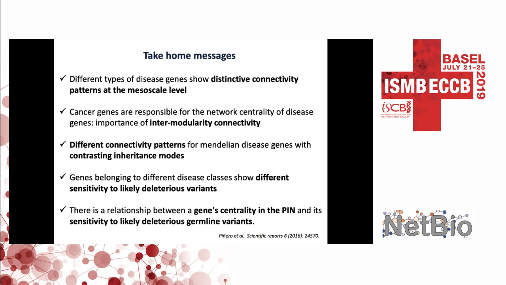And that there are different connectivity patterns in Mendelian disease genes, in particular when we look at autosomal dominant and autosomal recessive genes. And also that these genes belonging to different disease classes show different tolerance to likely deleterious germline variation, and that there is a relationship between these centrality measures that we obtain and the sensitivity to deleterious variation.